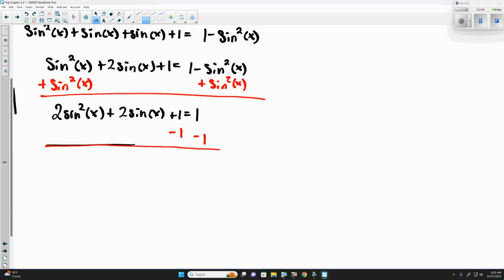At this point here, we can subtract 1 from both sides, telling us that we have 2 sine squared of x plus 2 sine of x is equal to 0.